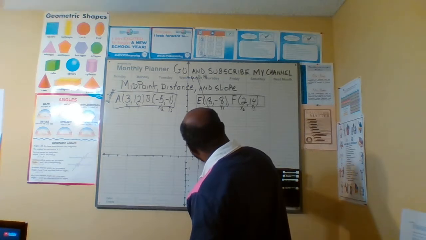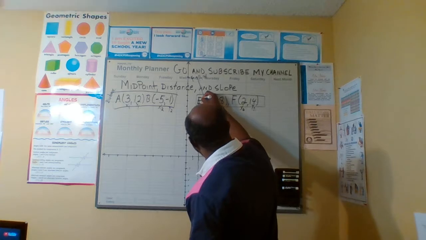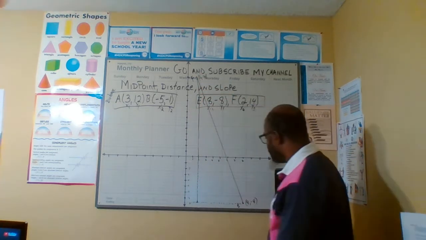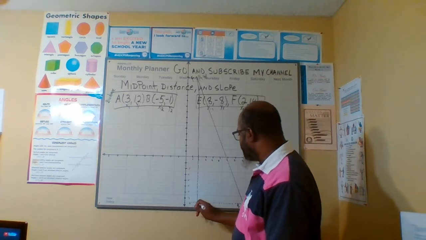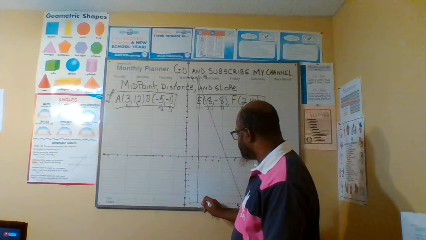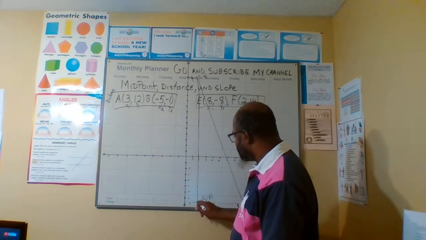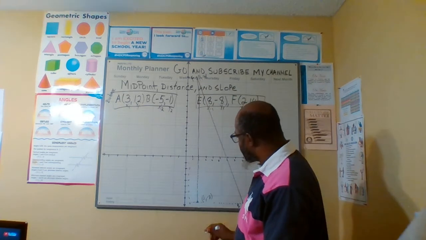Right? So you will have to identify which point is that. As you can see, this will form a right triangle. It may not be the perfect right triangle, but this is the triangle. This point, x is 2, y is negative 8. Remember that y is negative 8.